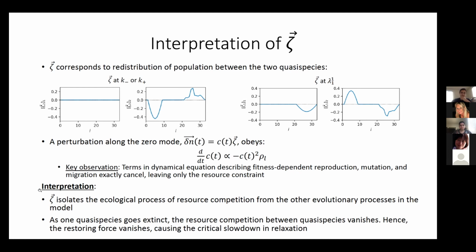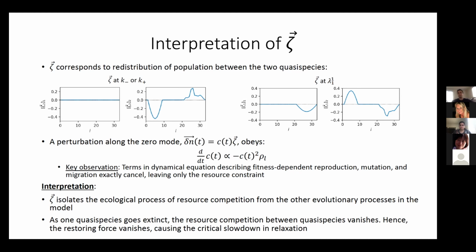And the interpretation of this is that this slowly decaying deviation zeta isolates the ecological process of resource competition between the two quasi-species. It isolates that from the other evolutionary processes in the model. And furthermore, as one quasi-species goes extinct, the resource competition between quasi-species, which is proportional to the two quasi-species populations, vanishes, right?